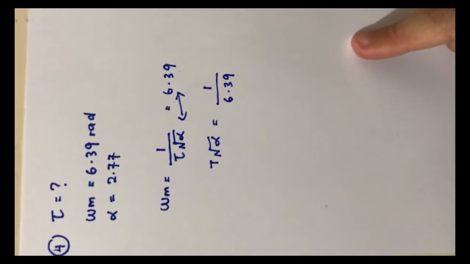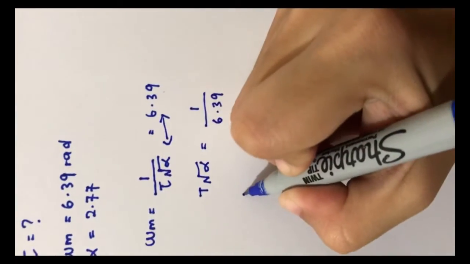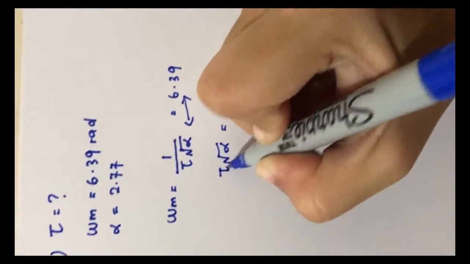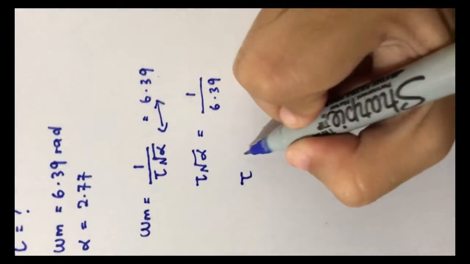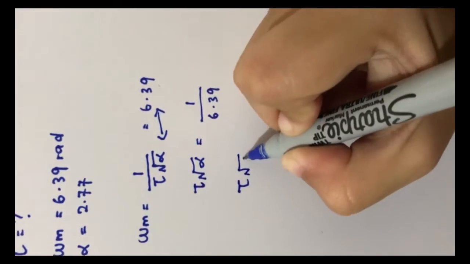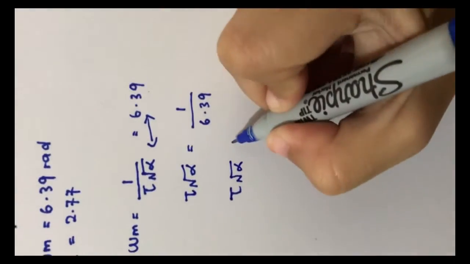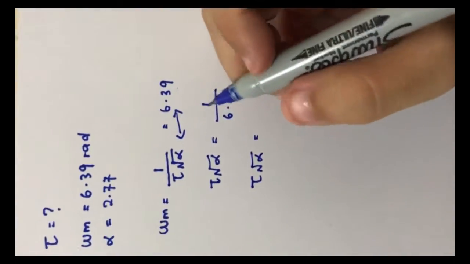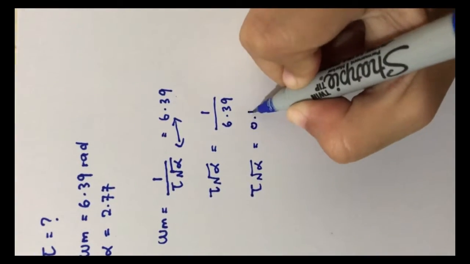Calculating this, we will obtain tau multiplied by square root of alpha equals 0.16.